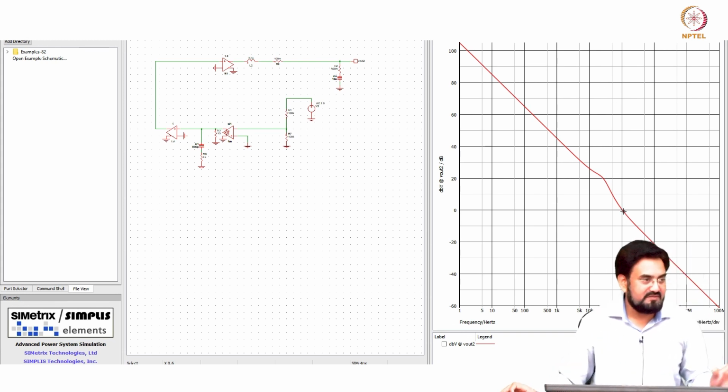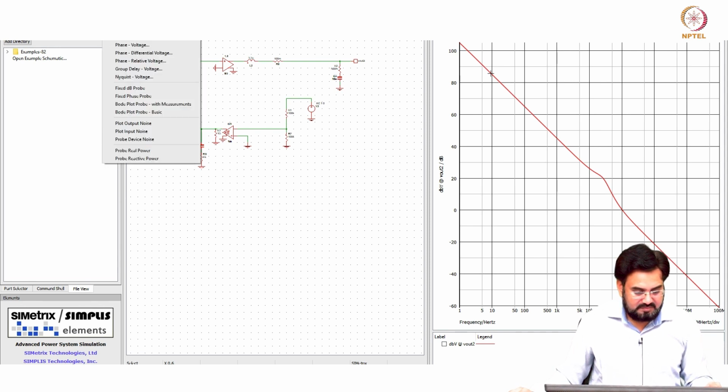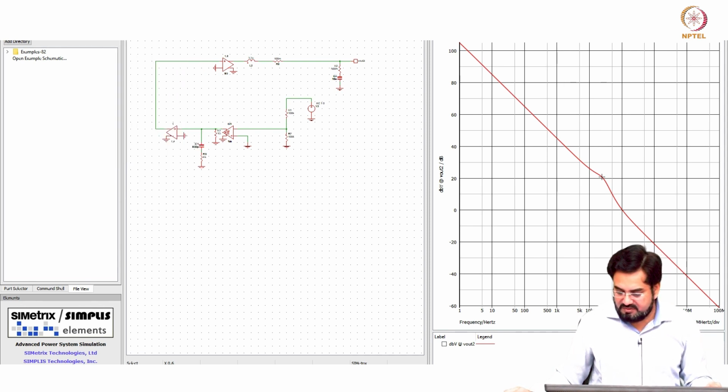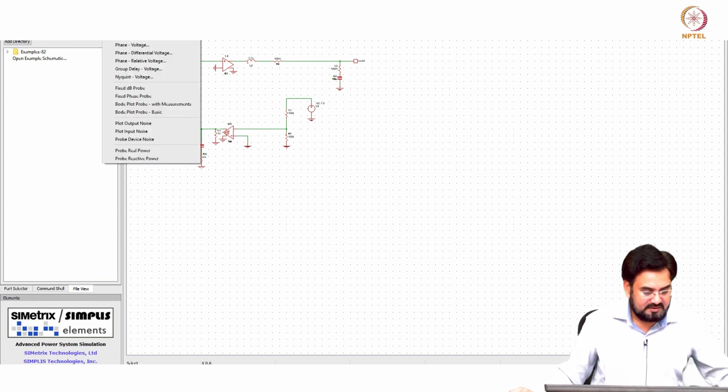Okay, so that means that value is correct if you consider the effect of the second 0. Okay. Now let us look at the phase response. So 100K we know, we can close this, and we have to look at the phase at 100K.